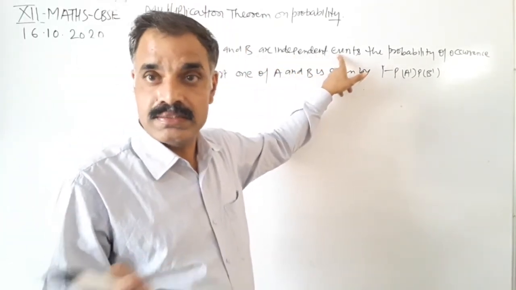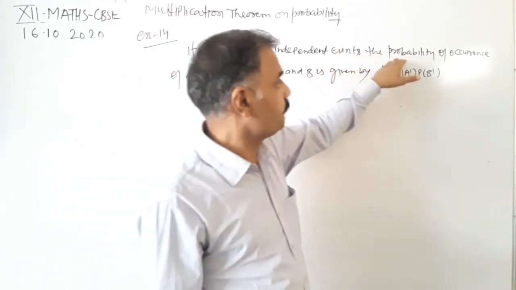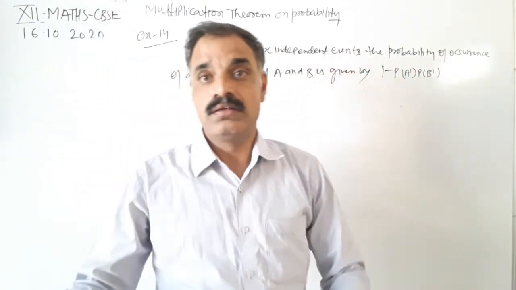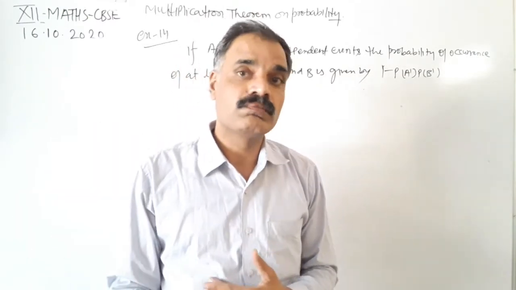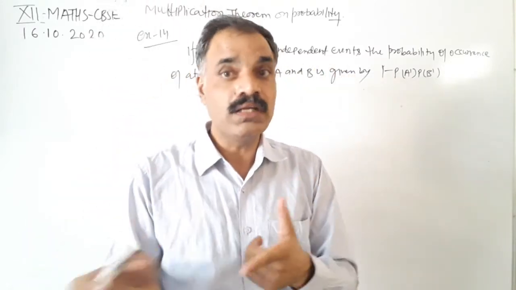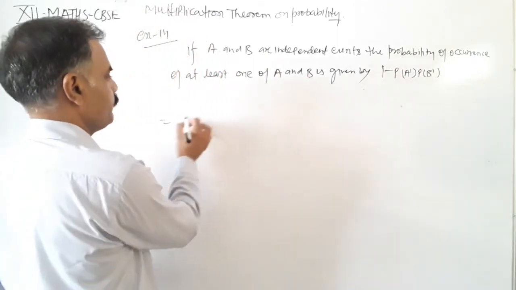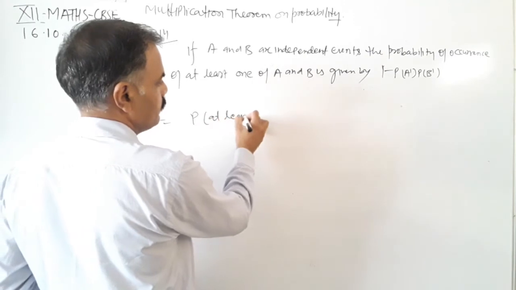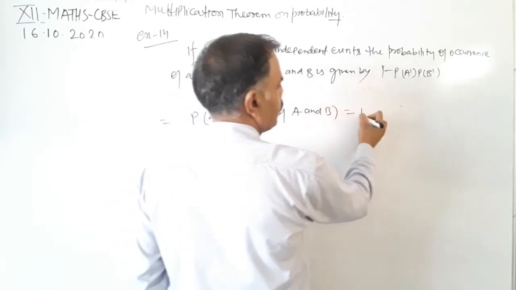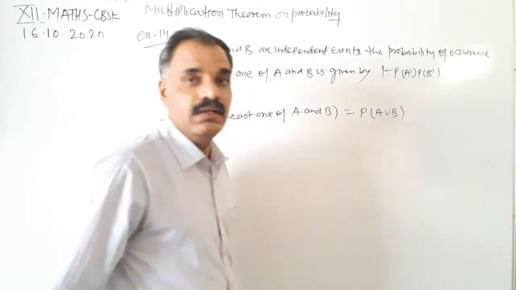That is why P(A intersection B) equals PA into PB, the condition of independent events. The probability of occurrence of at least one of A and B, how will you write it in symbolic form? At least one of A and B is A union B, so we write P(A union B).